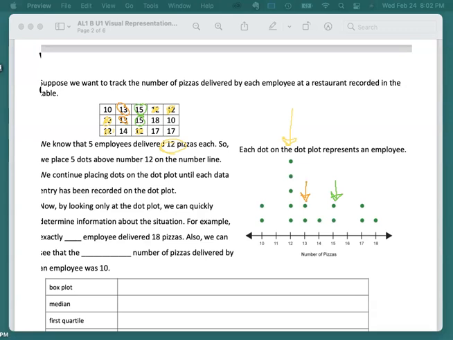And looking at the dot plot, you can tell that if we look at 18 over here, one employee delivered 18 pizzas. Also, we can see how many employees delivered 10 pizzas. So right here is 10, and your answer is 2. Okay, so that's the gist of a dot plot.